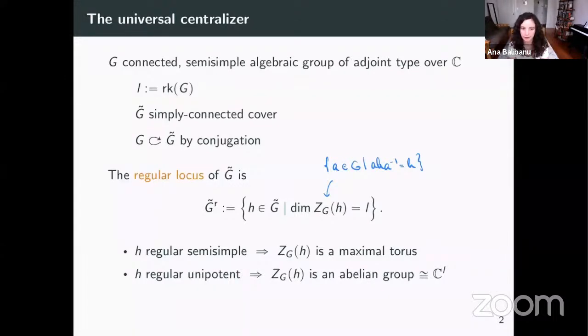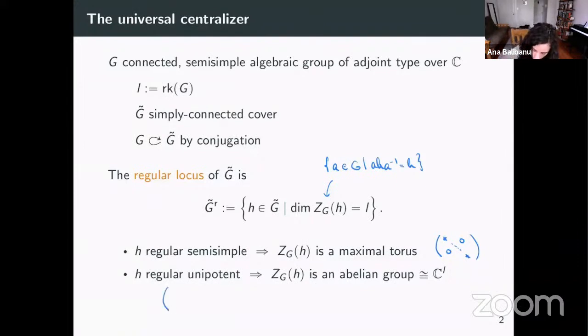So I have in the regular locus a dense subset of regular semi-simple elements, and these are elements whose centralizer is a maximal torus. So if you are thinking about SL_N, a maximal torus is just the subgroup of invertible diagonal matrices with determinant 1. And H can also be, on the other extreme, regular unipotent. Unipotent means that when I take the adjoint matrix of H and I subtract the identity, I get something that is nilpotent.